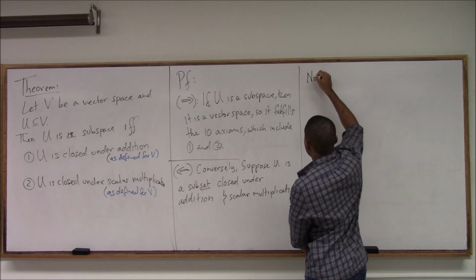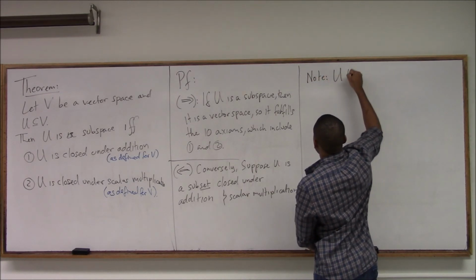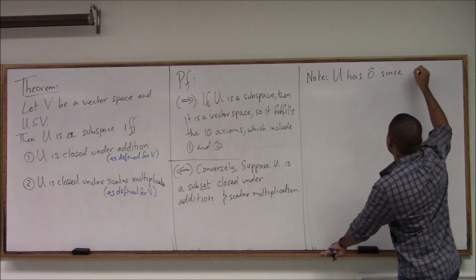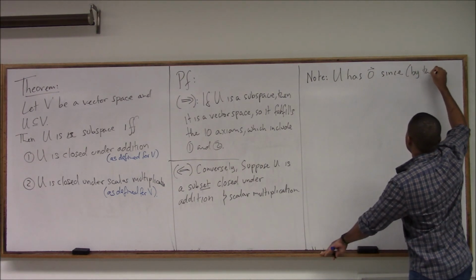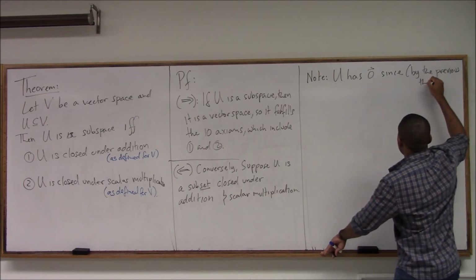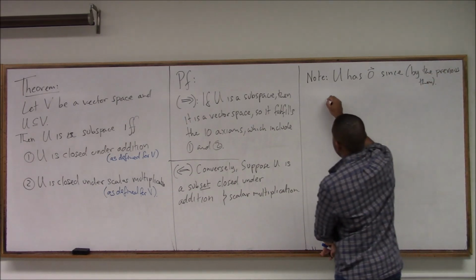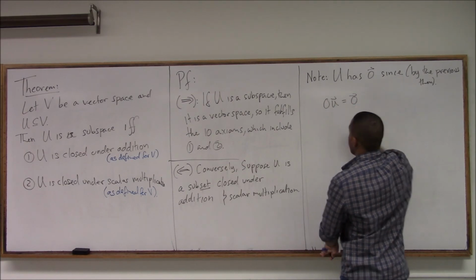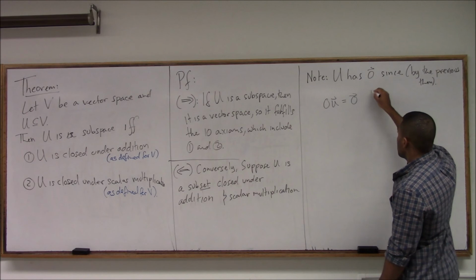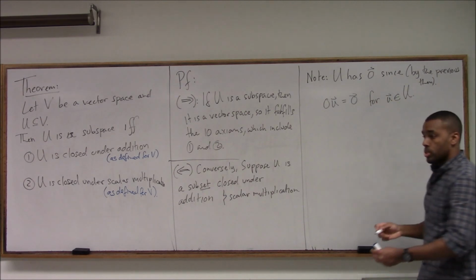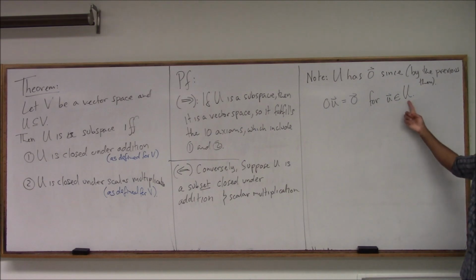So note, U has a zero vector since, by the previous theorem, if I take 0 times u, I would get the zero vector for u in U. So take any element in my subset.